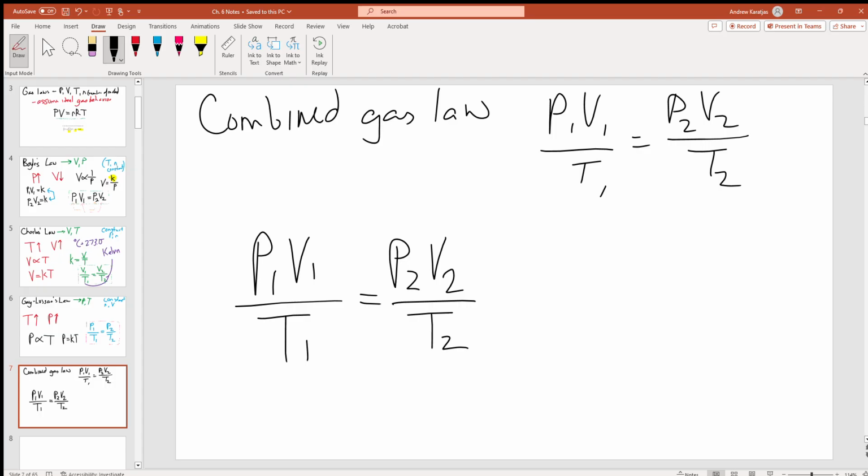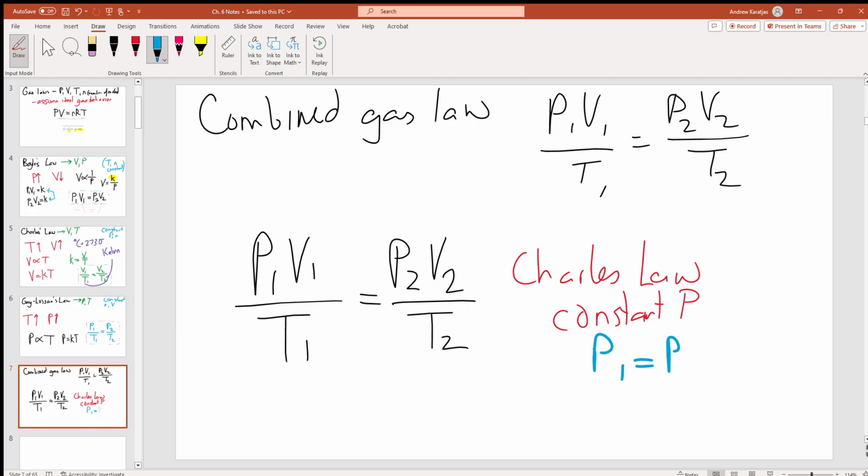Let's say we're dealing with the conditions of Charles' law. Charles' law, recall, has constant pressure. Well, if pressure is constant, that means that P1 is equal to P2, which would mean that we could cancel those terms out. What are we left with then?